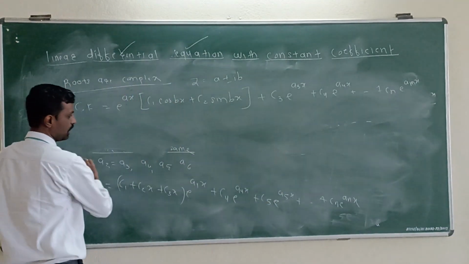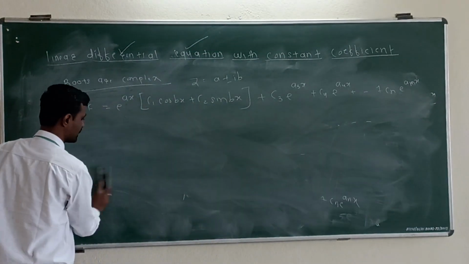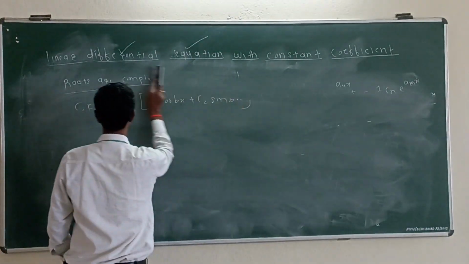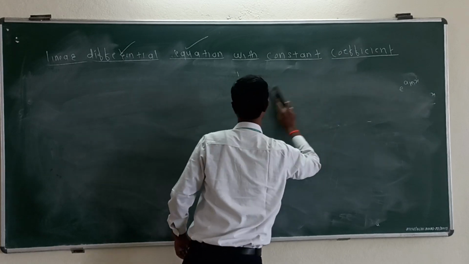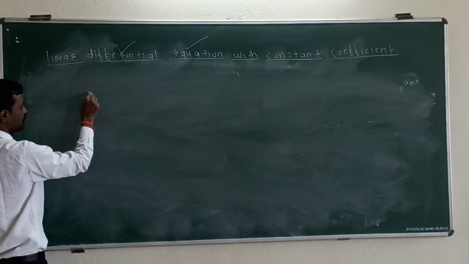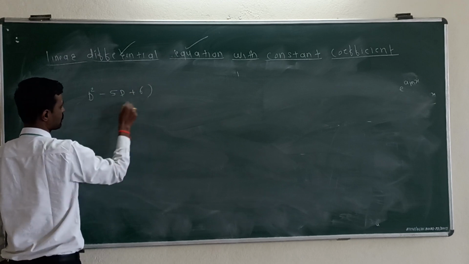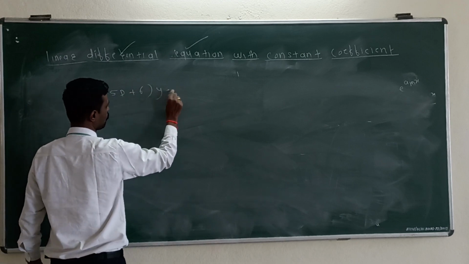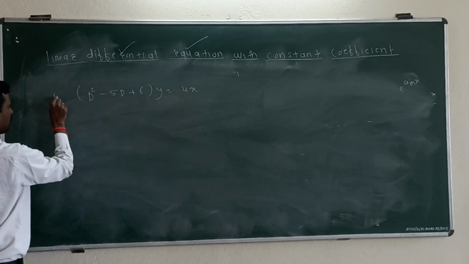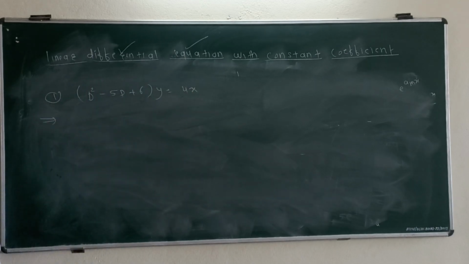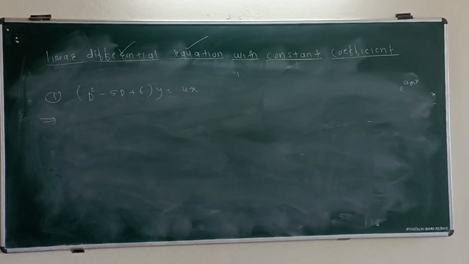Okay, so we have seen the cases of roots. Now, how to solve examples? We will take one example. Suppose the equation is D square minus 5D plus 6 of y is equal to 4x. Example number 1. Solution: first you find its roots.